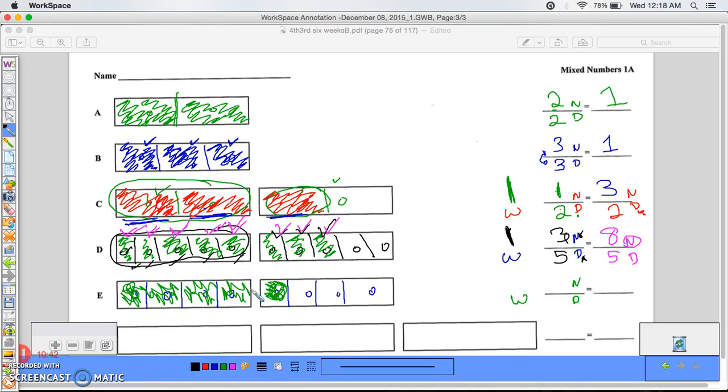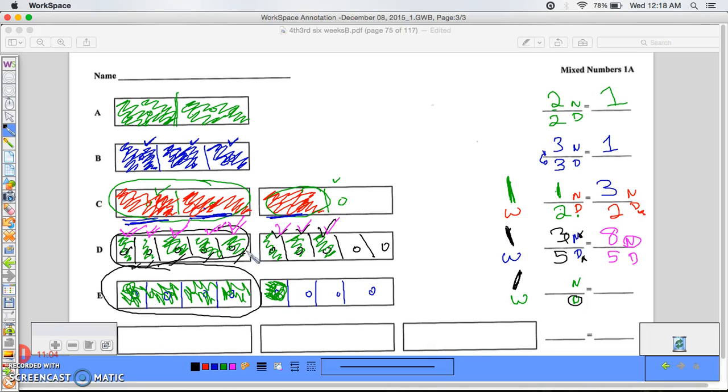Let's see if you got the correct one. So your whole number, the W, you go ahead and circle one whole group because you have one whole group that's shaded in. So there's 1. That's what you should have had for W. Now next, fill in your denominator. Your denominator is how many pieces you need to make one group.